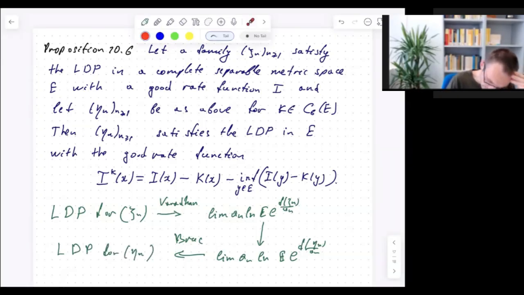And here is a problem: in this place you need exponential tightness.